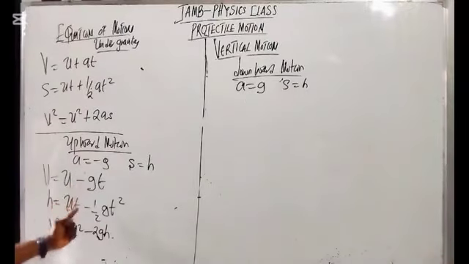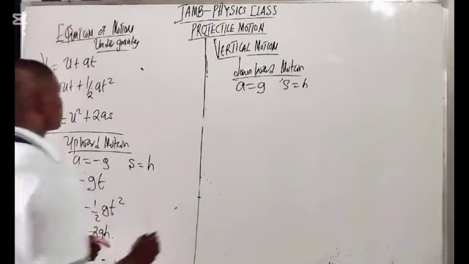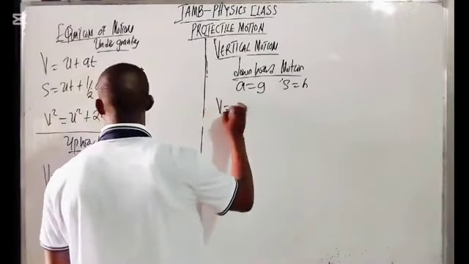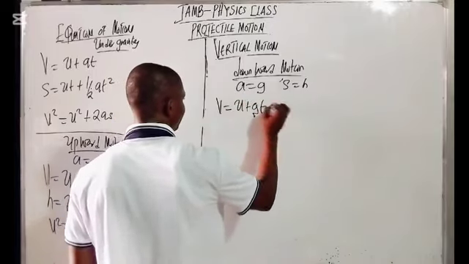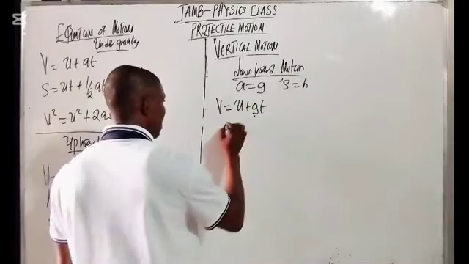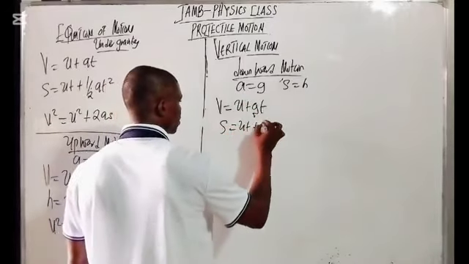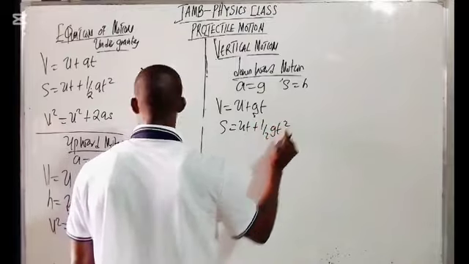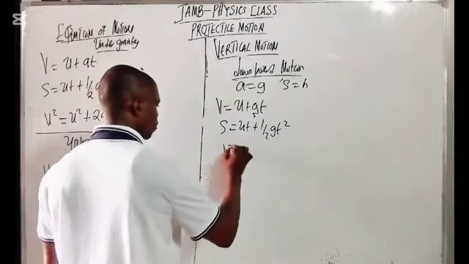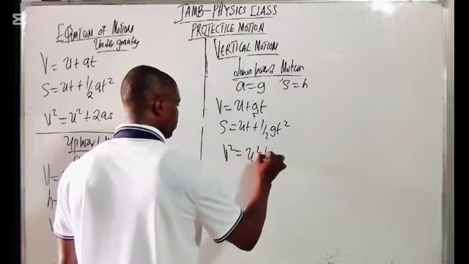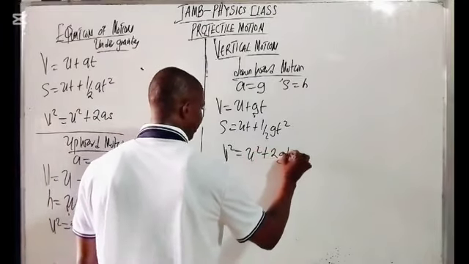So what happened here? You change minus to plus. So v equals u plus gt. Then h equals ut plus half gt squared, right? Then v squared equals u squared plus 2gh.